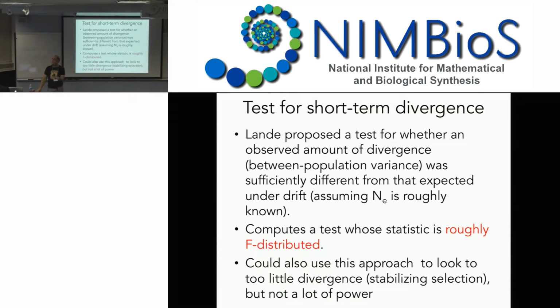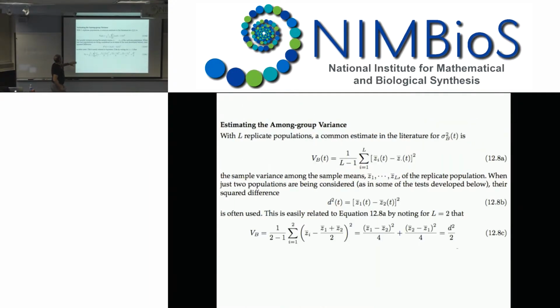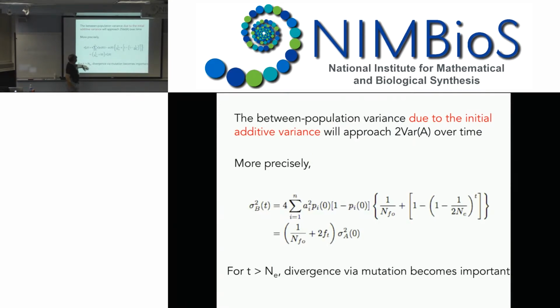So if your estimate of the effective population size is way off, your test can be way off as well. But we've already talked about if you have a certain effective population size, in a second we'll see how you can write that in terms of an expected amount of divergence. In fact, basically here it is. There's an effective population size, there's the amount of divergence. We can then ask if that expected amount of divergence is different from our observed amount.